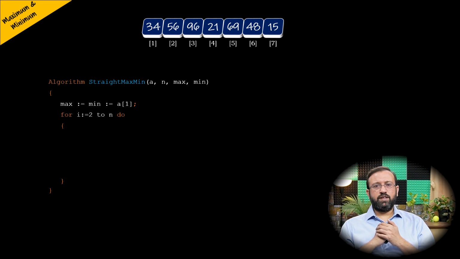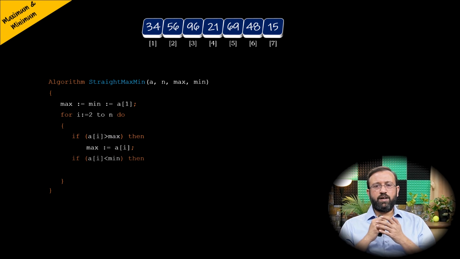Then within this for loop, we have the if statement with the condition A of I greater than max. If this is true, that means the element at index I is larger than max. So we assign A of I to max, making the element A of I the maximum element.